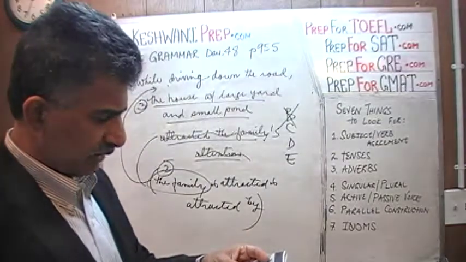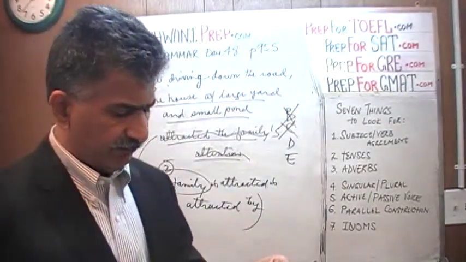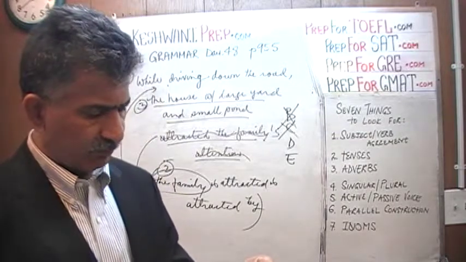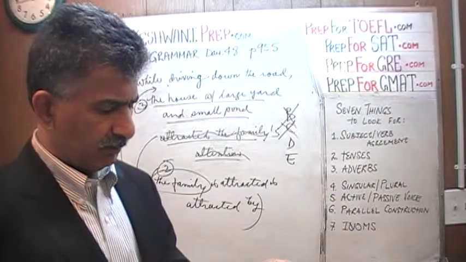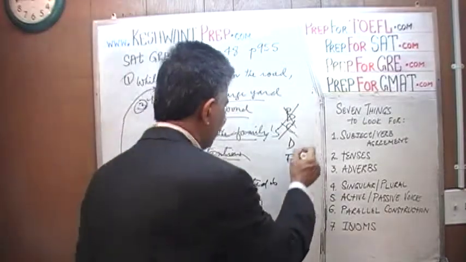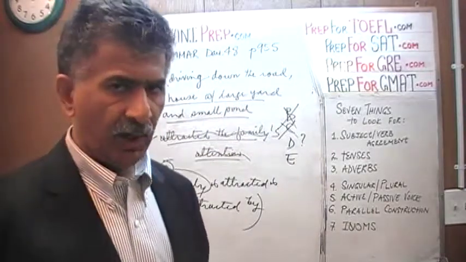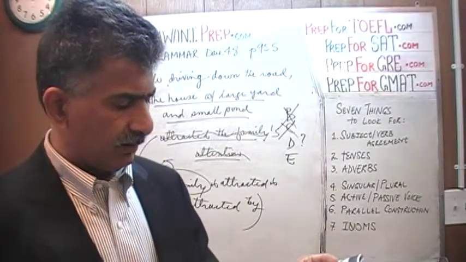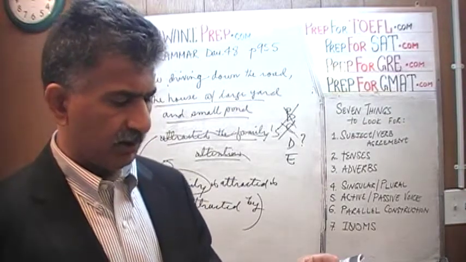C says the same thing, that's not it. D says family's attention was attracted by the house with the large yard and a small pond. What does E say? The family was attracted to the house with the large yard and a small pond.